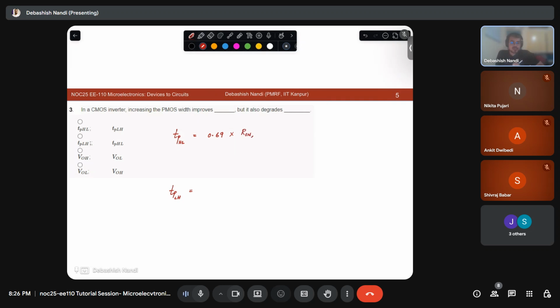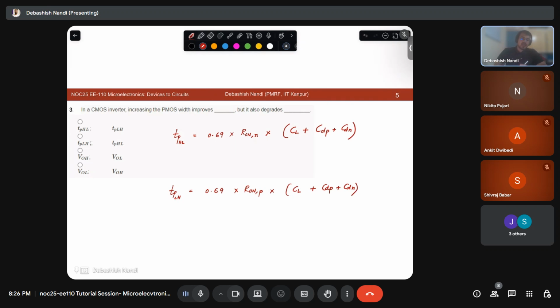NMOS or PMOS? Output is going high to low, discharging through NMOS, times CL plus CDP plus CDN. Similarly, in this case, R on P times CL plus CDP plus CDN.